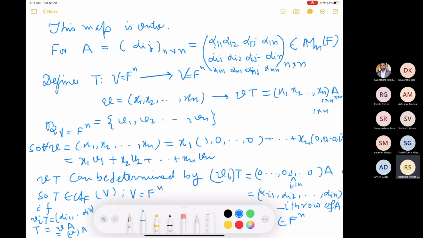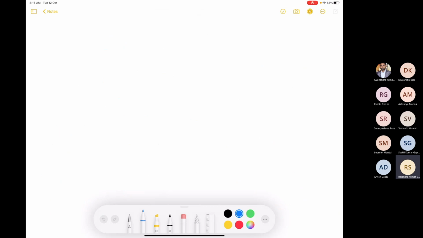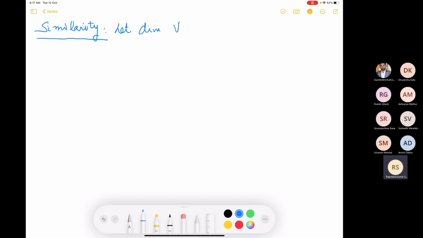Now, one more important theorem that we want to prove is about similarity. Let V be a finite dimensional vector space, so let us take the dimension of V over F to be n, finite. And T and S are two linear transformations, that means they are members of A(V,F).